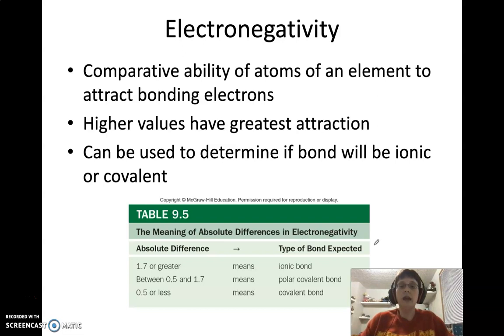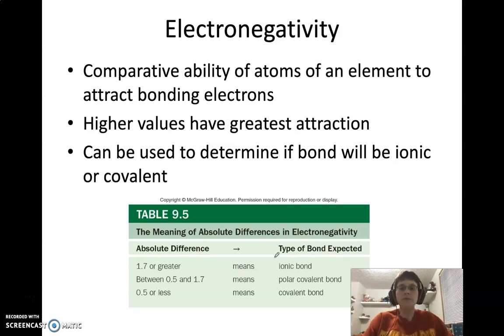So let's take a look at how we'd figure this out. If we take the values between the two elements and subtract them, we get an absolute difference, meaning it doesn't matter if it's positive or negative, but the absolute difference between the two numbers. If the absolute difference is 1.7 or greater, that means we're going to get an ionic bond. I'll show you what this means in a second.